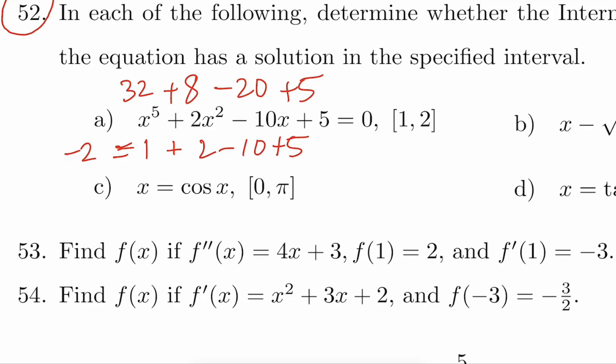What is that? That's 12, 20, 25. And then just ask yourself, is 0 between those two numbers? Yeah, so then this is a yes. The intermediate value theorem guarantees a solution on that interval because one was positive and one was negative. That is far as you got to go.